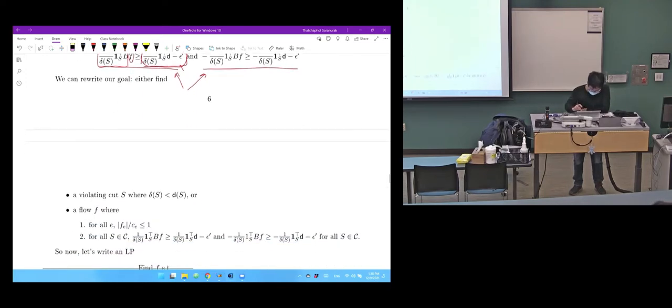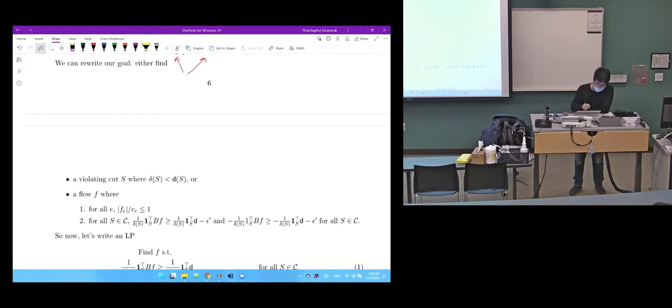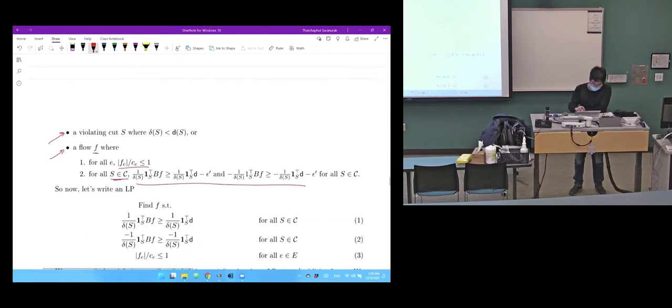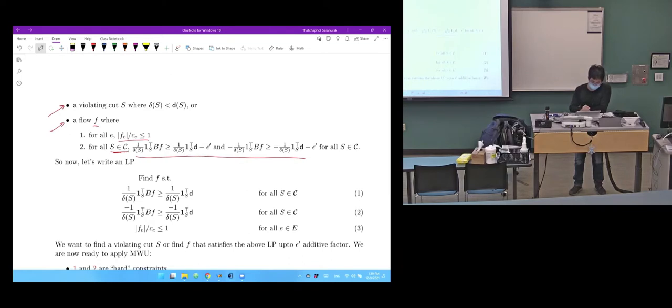Okay. So now we rewrite our goal to be that you either want to find a violating cut or you want to find a flow such that, to say that the flow is feasible, you just write this thing. And again, this can be written as a linear constraint as well, right? Just two linear constraints here. So this looks like an LP now. You want to find f such that all of these are true.